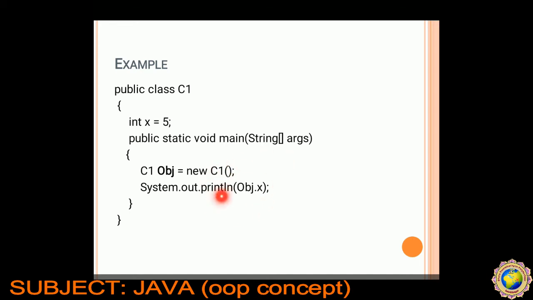That is how to call the value through the object: object name, dot x. Or you can write y equal to obj.x, and call y here. Yes, that's it. So the output is 5.